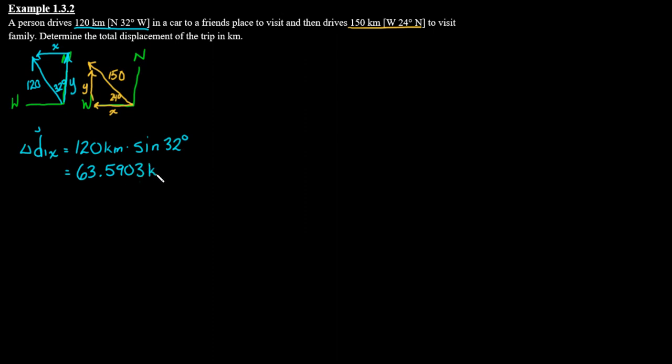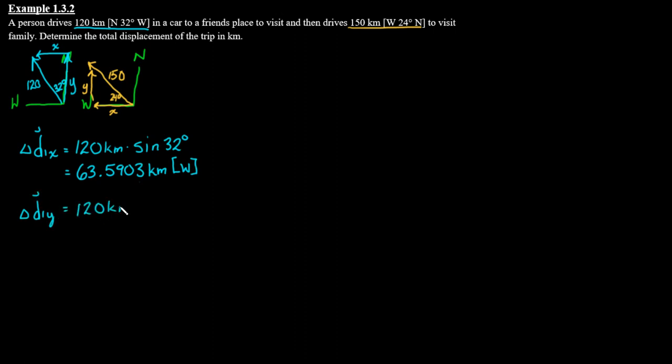So 63.5903 kilometers. And remember, this is your x component, so always get into the habit of labeling the direction with your x component. This is in the west direction for that displacement. The y component for our first displacement: we used sine for x, so we're going to use cos for y.